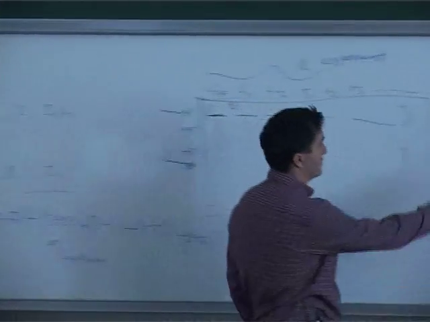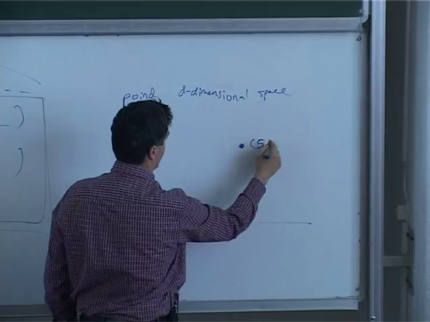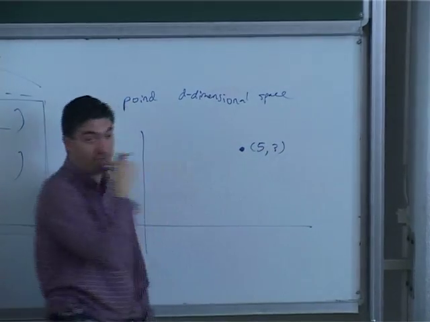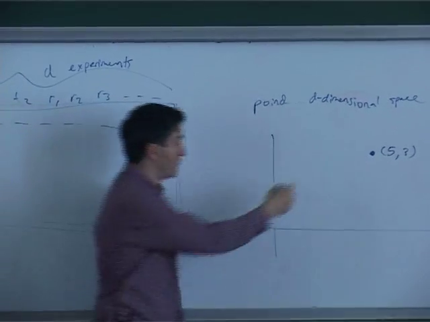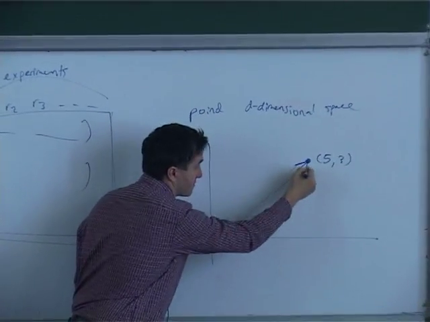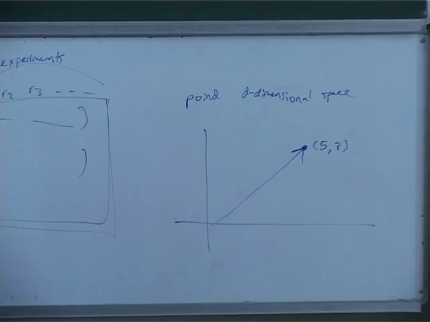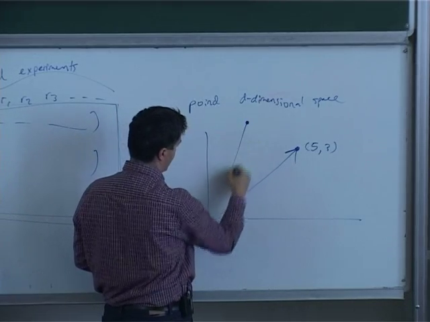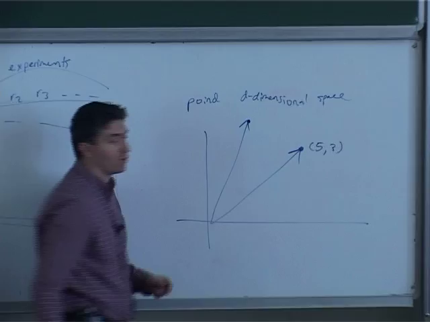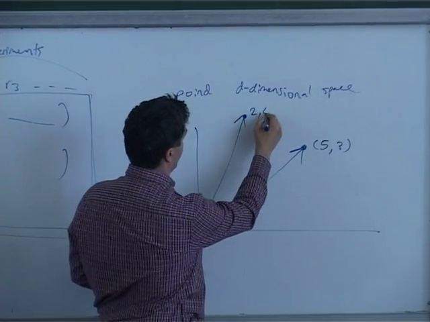For example, in 2 dimensions, 5, 3 is a point, right? 5, 3 is also a vector. This vector is 5, 3. So points and vectors are represented in the same manner. So if you have 2 points, to demonstrate Euclidean distance and cosine similarity, this may be, for example, 2, 4.